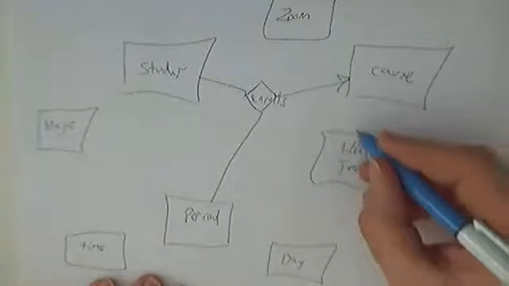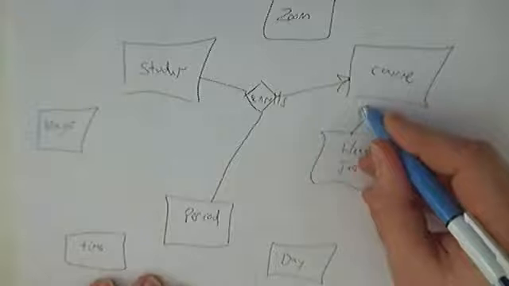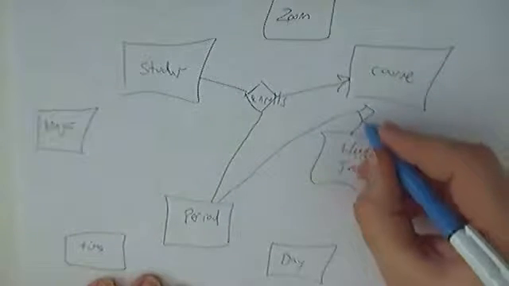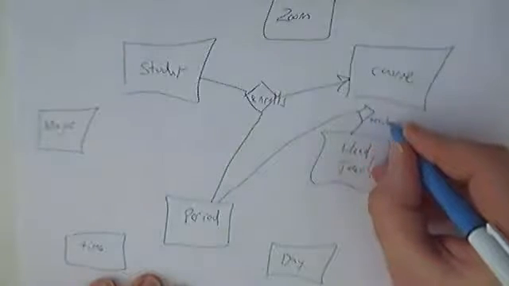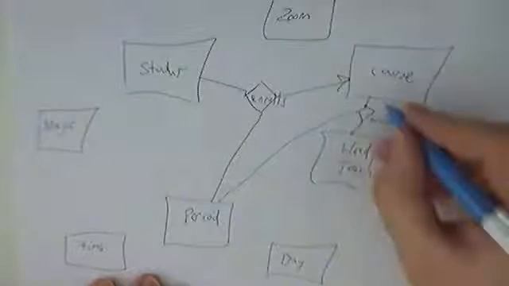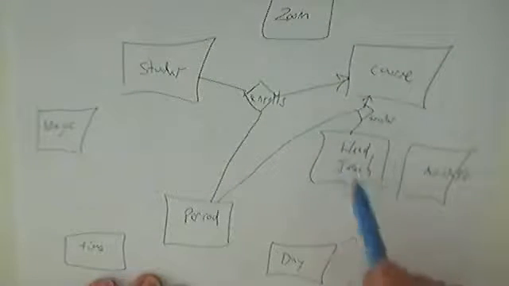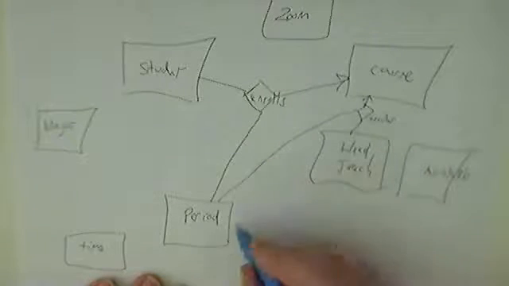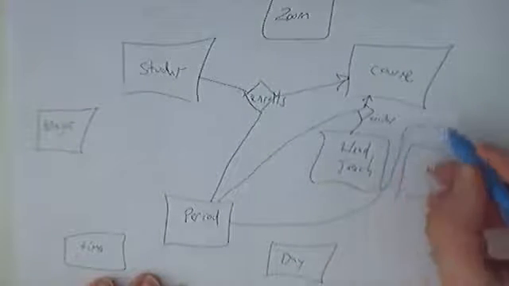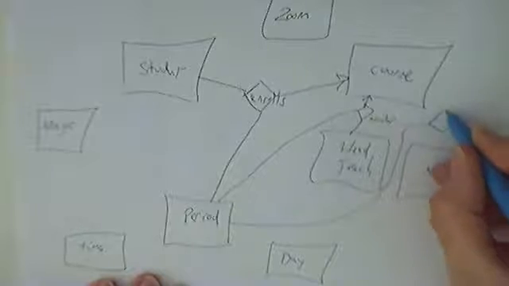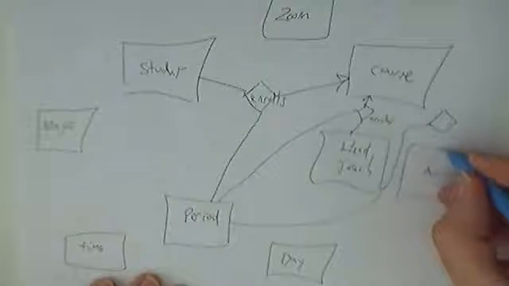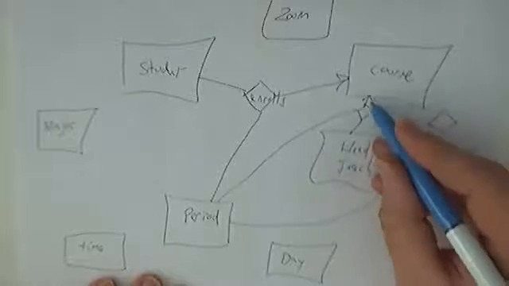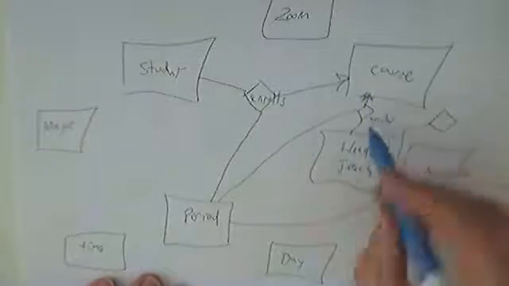Head teacher teaches. All right, I know this is getting a little bit messy. Assistants, okay, this is also going to bring in the period. Head teacher, now this is not even quite right. Let's wait on this for a second.